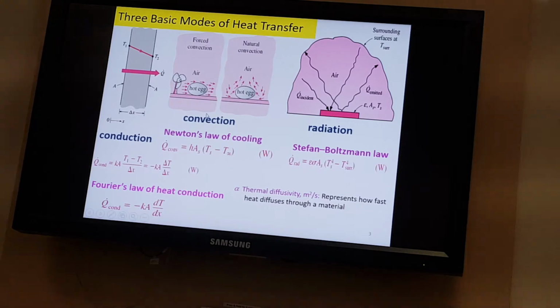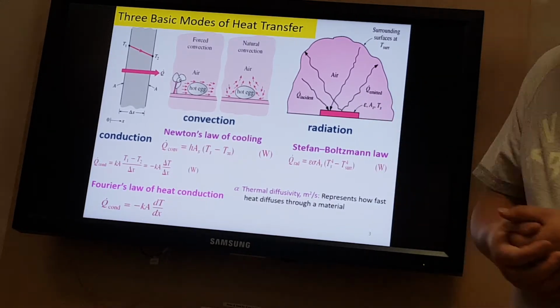Another form is convection. It's named after Isaac Newton, who is like a god in physics, right? It's named after him, not because he is the observer of this law, but most likely for other historical reasons. The word convection is not parallel to conduction.